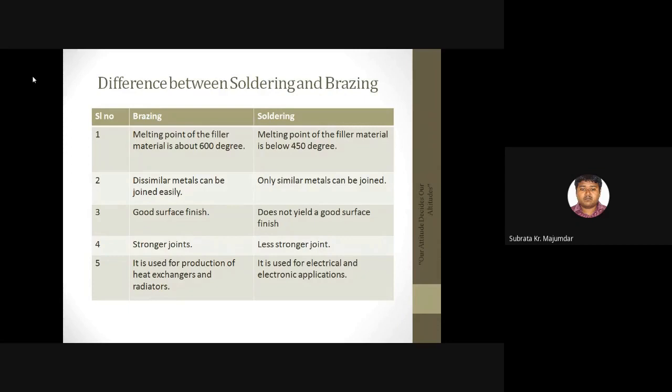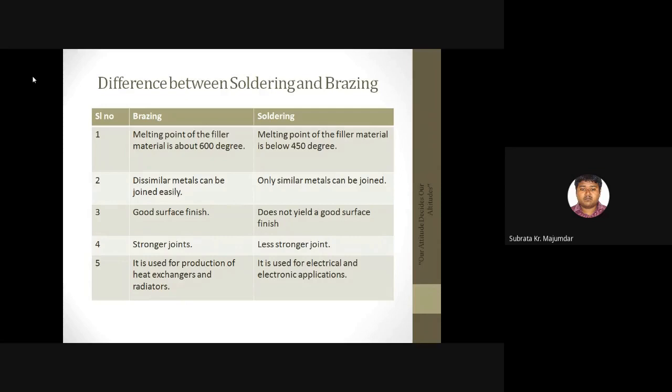Acha, any queries on the difference between soldering and brazing? These 5 points are the most important. Okay. Besides these 5 points you can add another 5 points, but these 5 points are much more important as compared to the others.